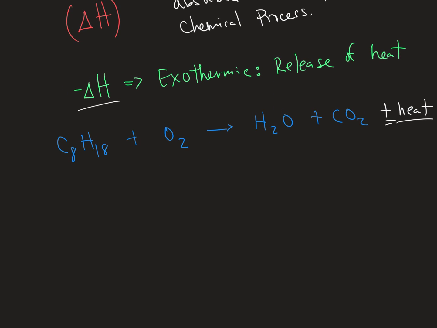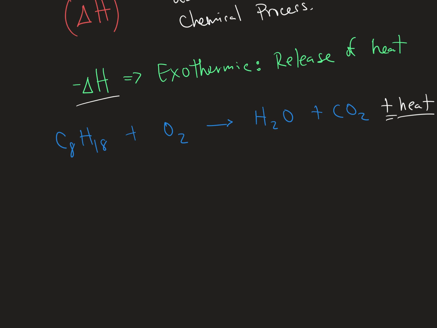All right. But let's talk about what's going on here. If I draw the structure of C8H18, this is gasoline, it's going to look something like this. 1, 2, 3, 4, 5, 6, 7, 8.